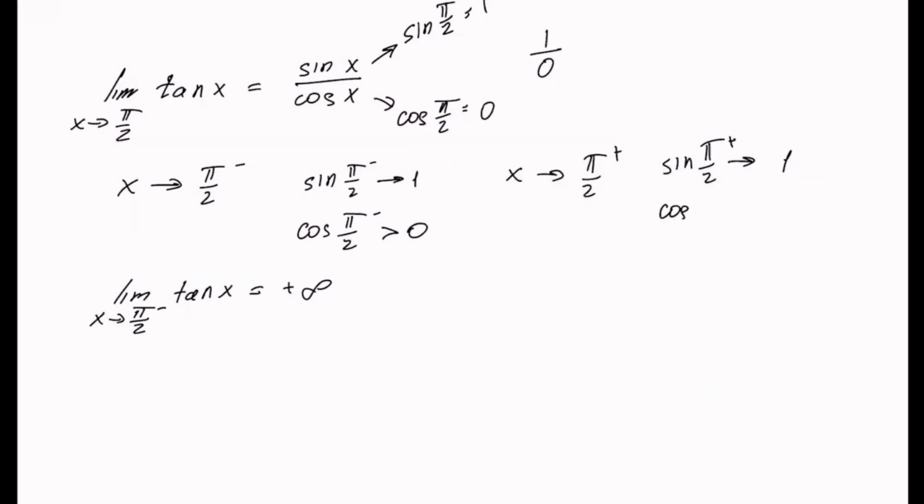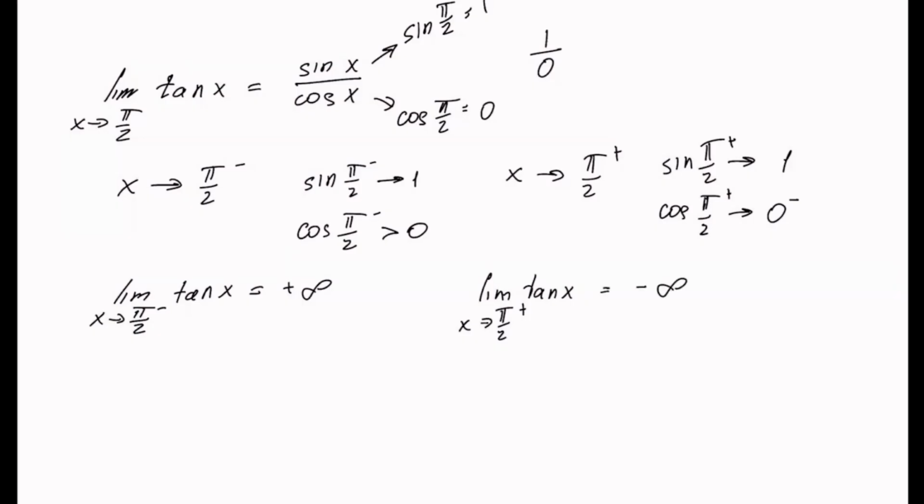So my cosine of pi over 2, when we approach from the positive side, is going to be approaching 0, but with the negative sign. So that means that the limit of tangent x as x approaches pi over 2 from the right side is going to be negative infinity.